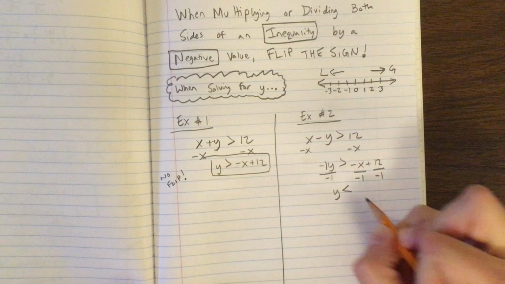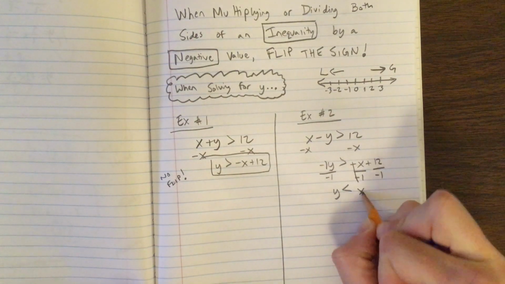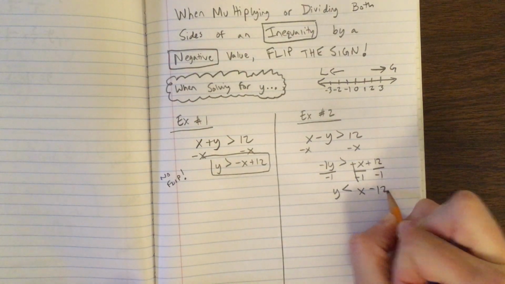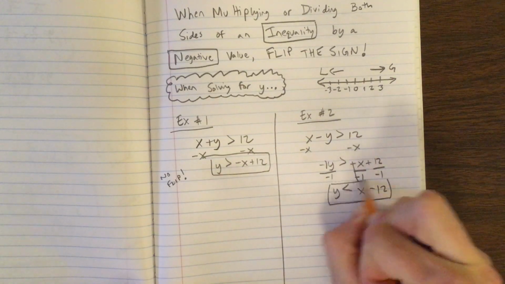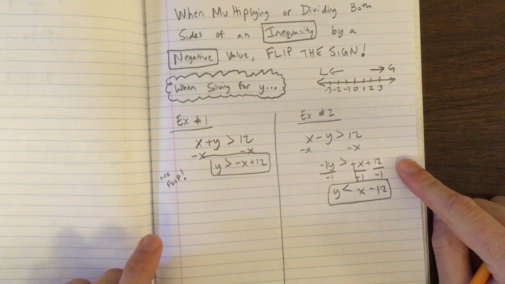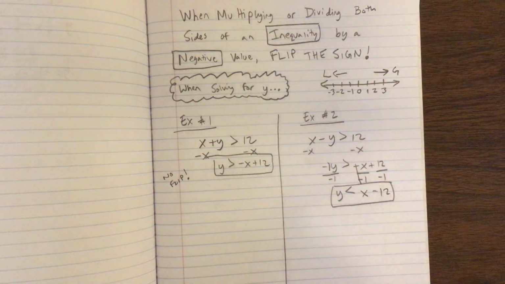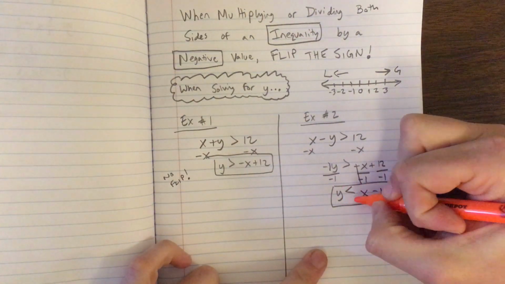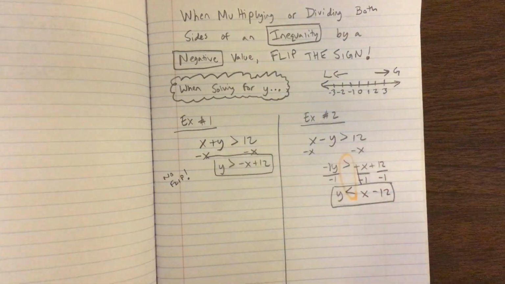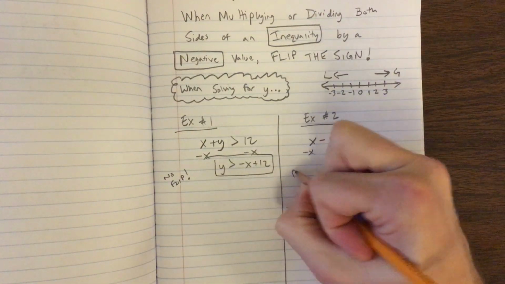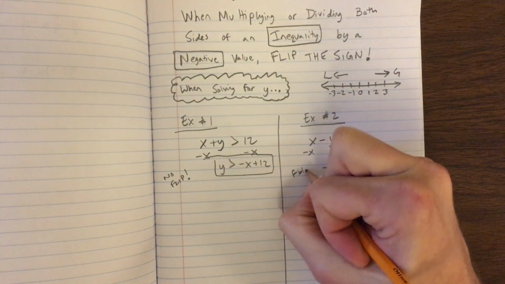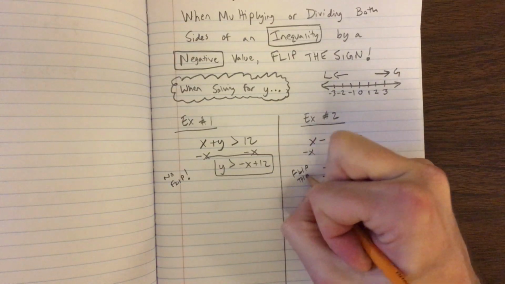Negative divided by negative, so the solving process is going to be the same. The only difference is, and I'll just take a little highlighter here so you can see it, we're going to say flip the sign.